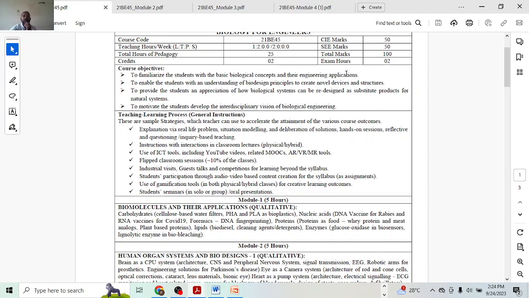For EC and electrical students, we have machines like EEG and ECG. Most of the biomedical field is 30% bio, 70% electronics, including your CT scan and MRI scan, which require hardware, that is electronics and electrical background. And biotechnology, no need to tell, is a combination of all the fields.